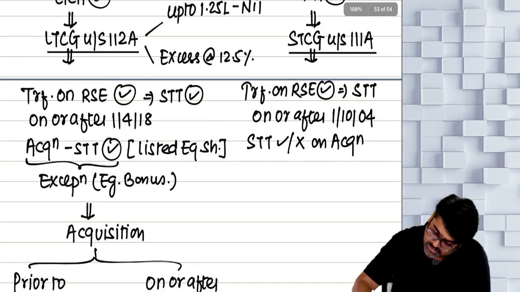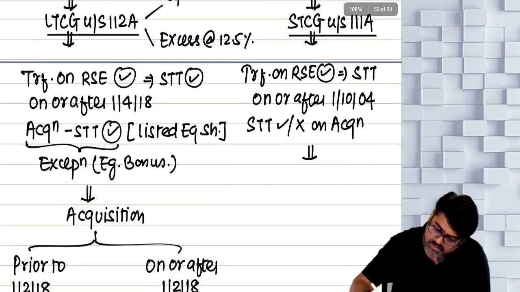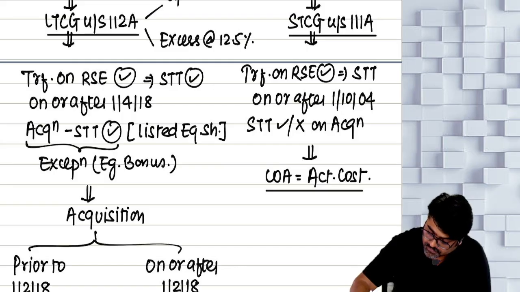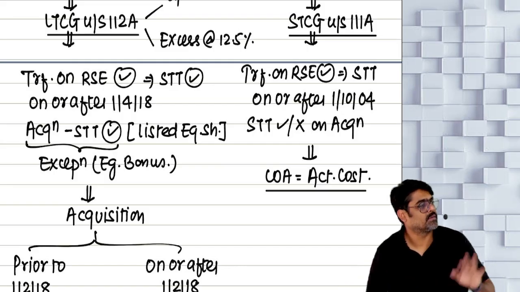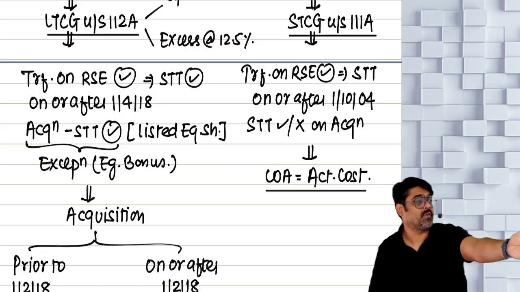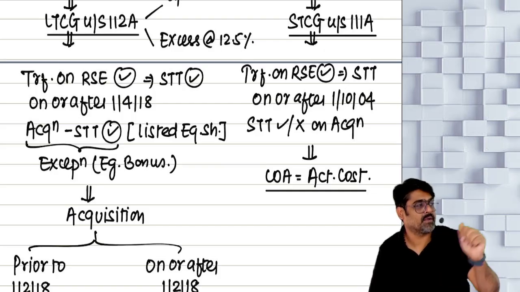Now tell me, if the shares are acquired, what will be the cost of acquisition to calculate this capital gain? Simple. Take the actual cost only. Always take the actual cost. That's it. And that we did in our last question. We calculated the capital gain of bonus shares. What was the period of holding of the bonus share?